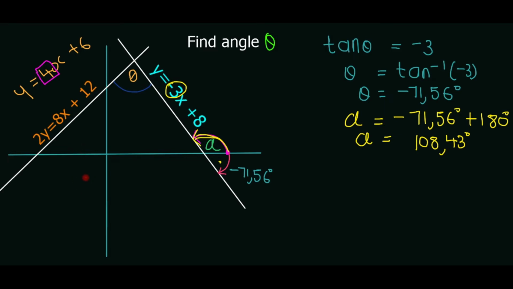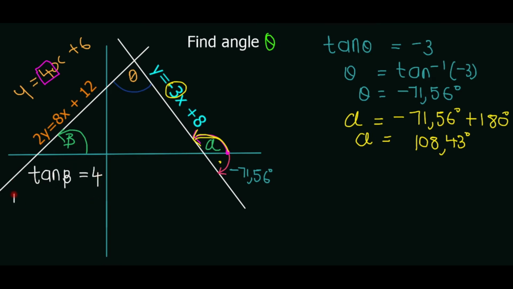Remember the angle of inclination is the angle measured from the x-axis anti-clockwise to a straight line. I can easily find this angle, which is the angle of inclination, because it's about the gradient. So let's say this angle is angle beta. I'm going to find this angle using the angle of inclination. So I can easily say tan beta is equal to the gradient of that line, which is 4.